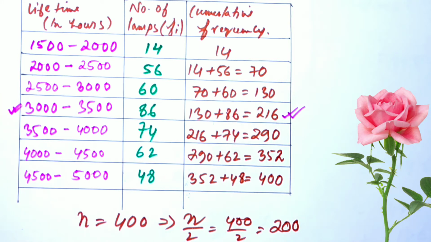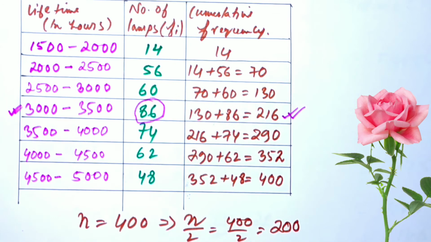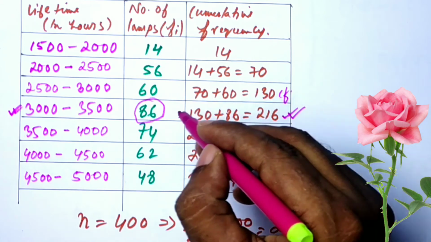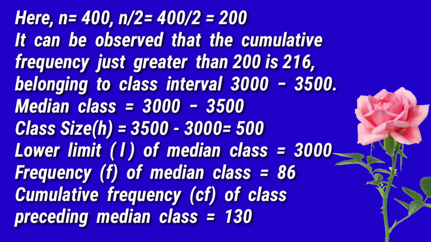The lower limit is 3000. The class size is 3500 minus 3000, which is 500. The frequency of the median class is 86. The cumulative frequency of the class preceding the median class is 130. So let us use the formula to calculate the median.